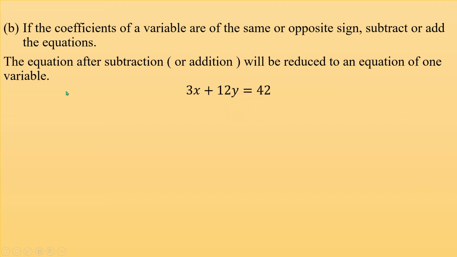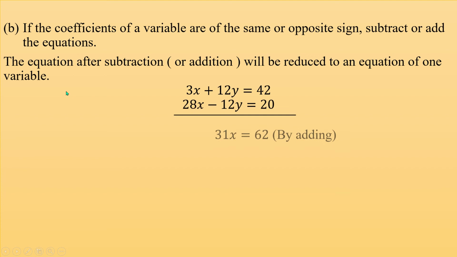Now follow. As the coefficients of y are the same and the sign in the first equation is plus and here minus, we have to add. That means by adding, plus 12y and minus 12y will be cancelled.